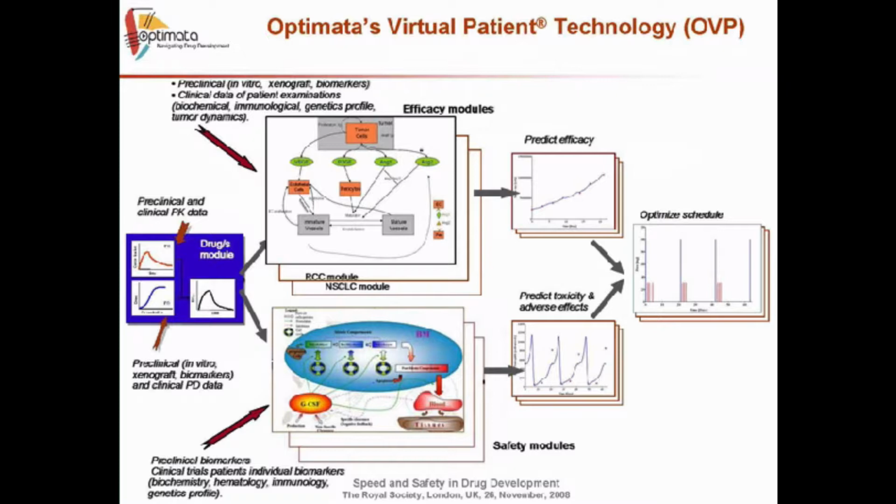So, for example, this is a model of the vascular tumor growth. So in green, you see the molecular interactions that are modeled. In apricot color, you see the cellular interactions, and in gray, the tissues that are modeled within this vascular tumor model.